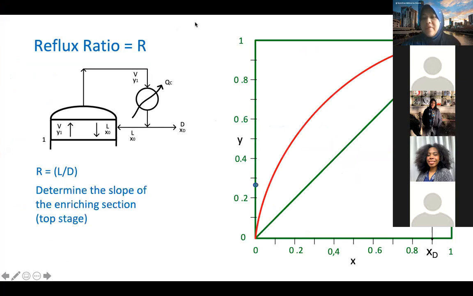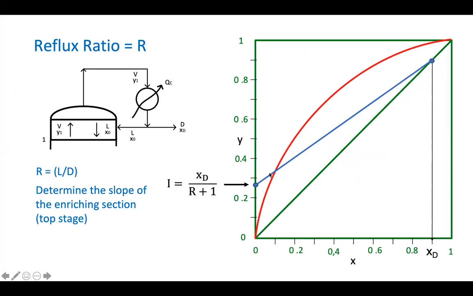Okay, so everyone, last week you also know that in order to get the equilibrium stages, you have to draw the enriching section, and then we try to sketch, and after that we draw the stripping section.